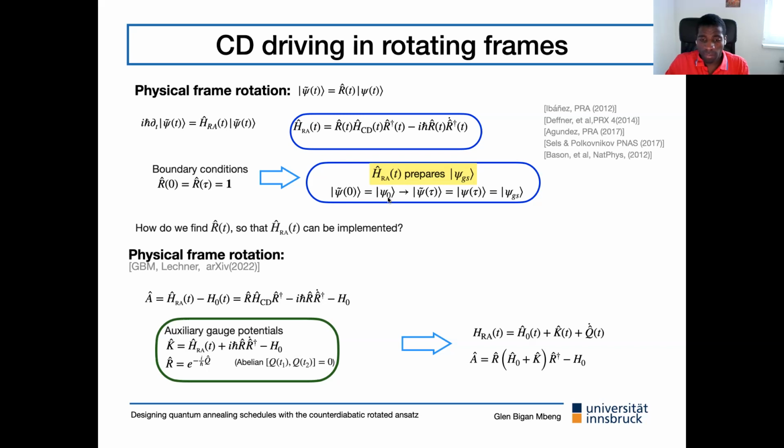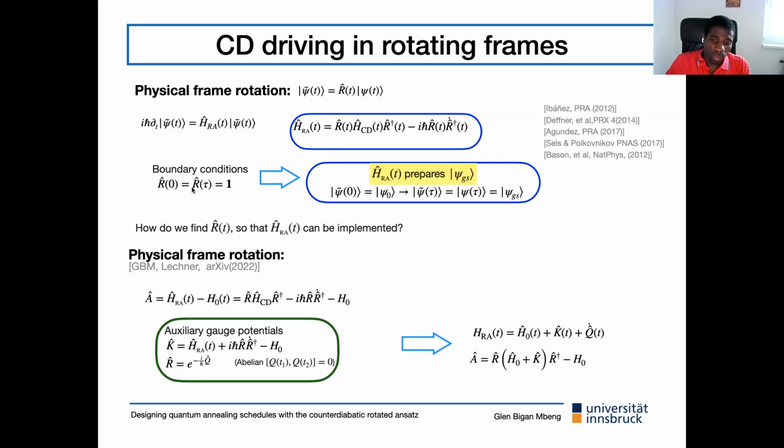Indeed, we start from an initial state phi tilde of 0, which is equal to phi naught because initially the two frames coincide, and we end up in the final state phi of tau, which is also equal to phi tilde of tau, which is the ground state, because the final frames coincide. And this would happen as long as we can maintain this boundary condition.